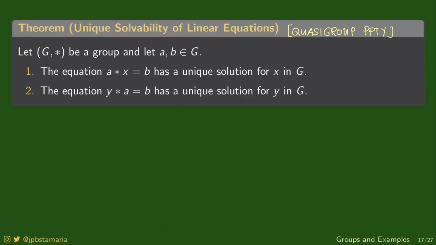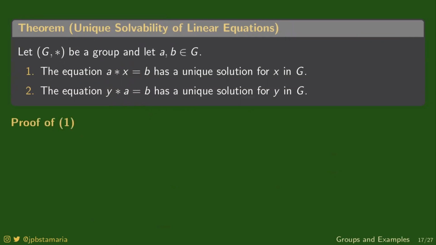What does it say here? In a group G, where A and B are in G, the equation AX equals B has a unique solution for X, of course in the same group G. Also, the equation Y times A is equal to B has a unique solution for Y. Also, the solutions must be in G. So just like before, I'm going to prove one of these two statements and leave the other for you, because you will find that the proofs are very similar.